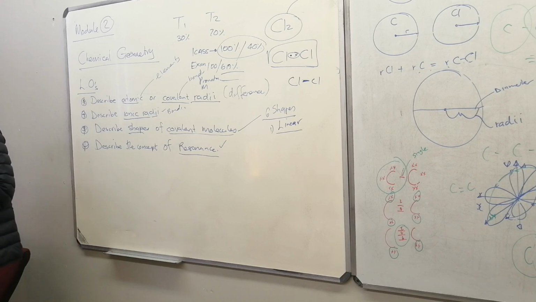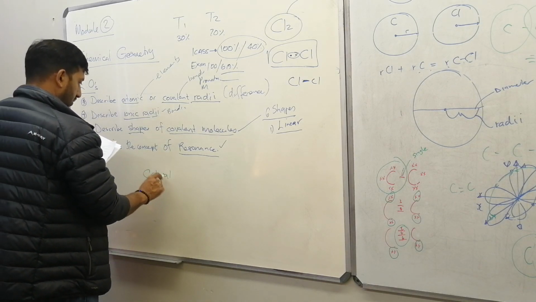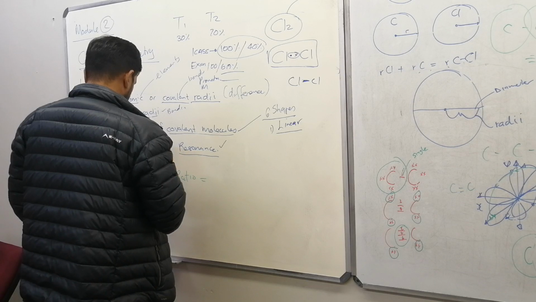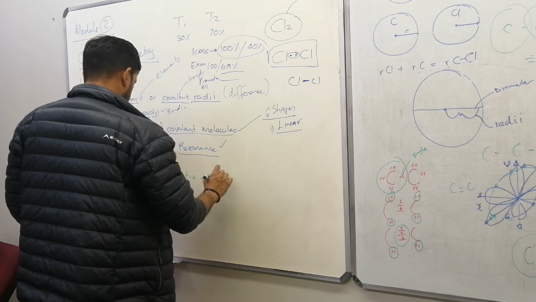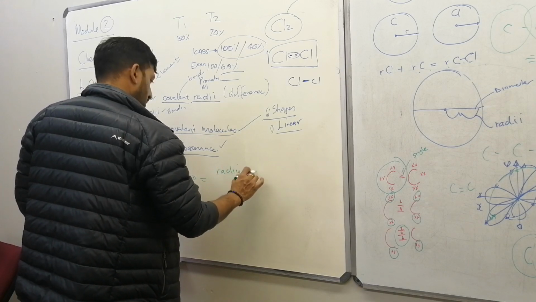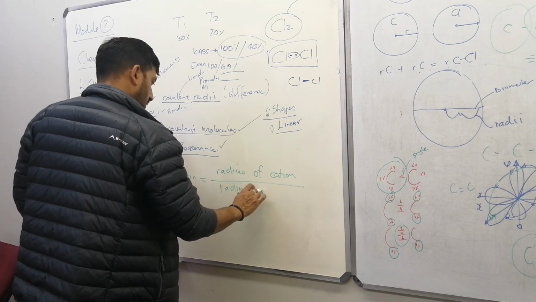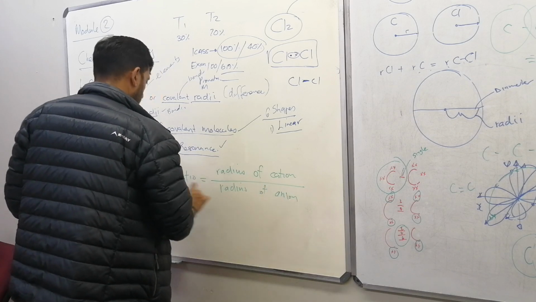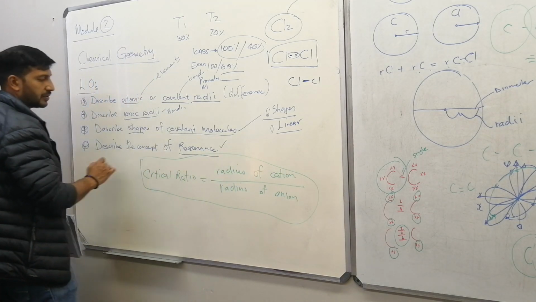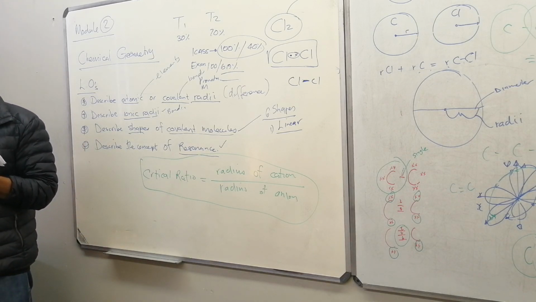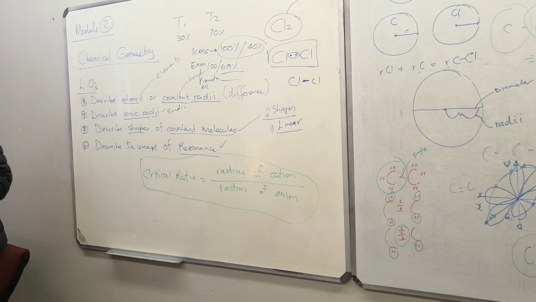Just remember that critical ratio, let's write this down. Critical ratio is equal to the radius of the cation over the radius of the anion, or we can call it the radius ratio.